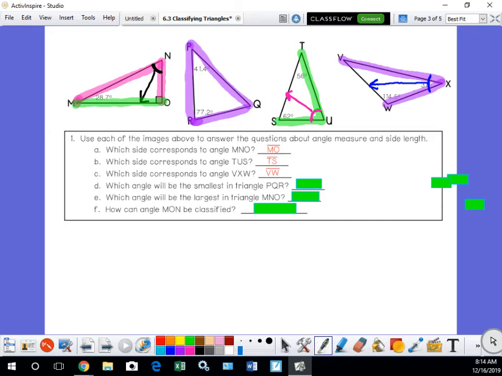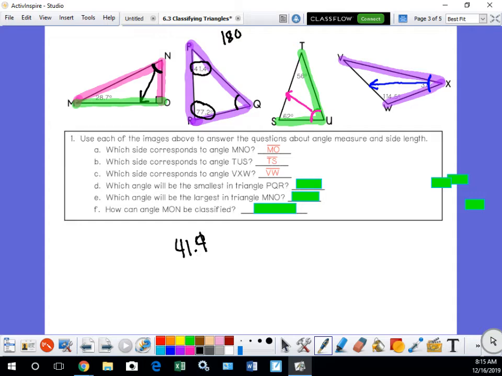Well, we need to know the other missing angle right here, because our smallest angle is going to be across from the smallest side length. So remember from a couple of pages ago, we know that every triangle has 180 degrees total. So if it starts with 180, and we already have 41.4 and 77.2, we would add those two together.